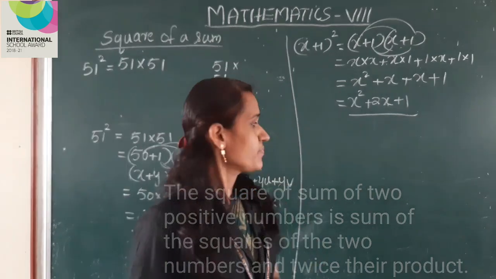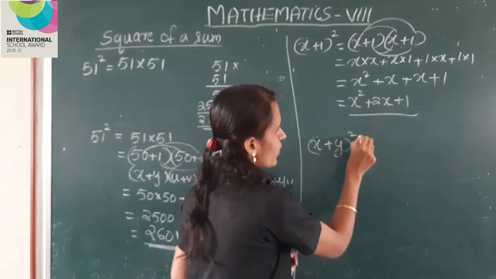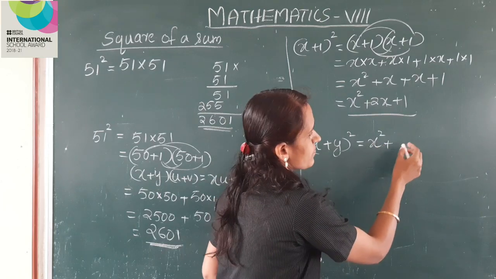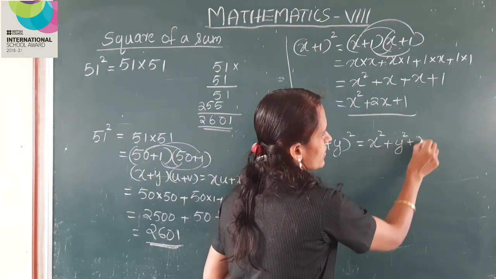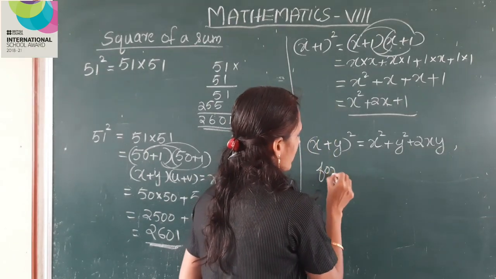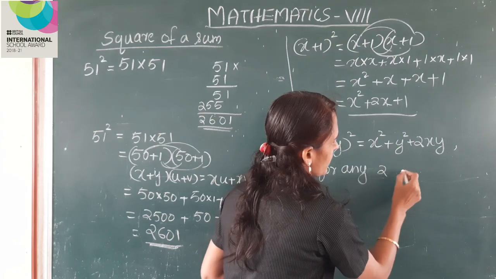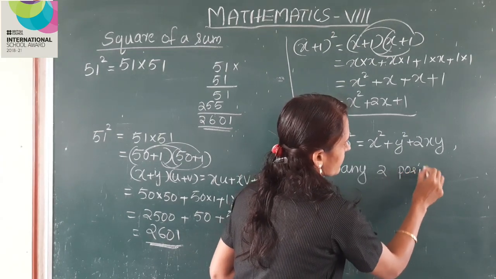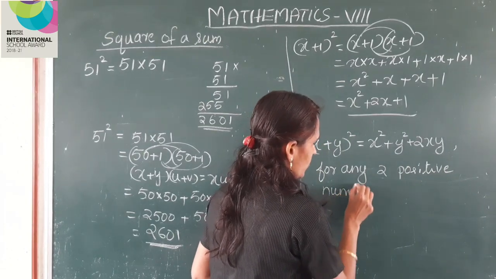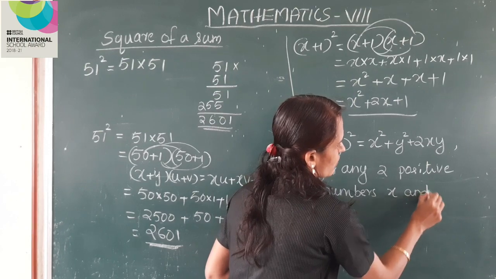In algebra, x plus y whole square is equal to x square plus y square plus 2xy for any two positive numbers x and y.